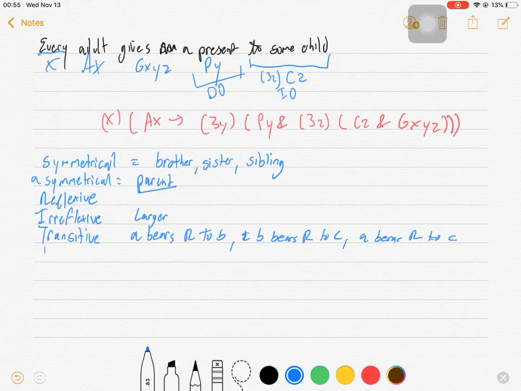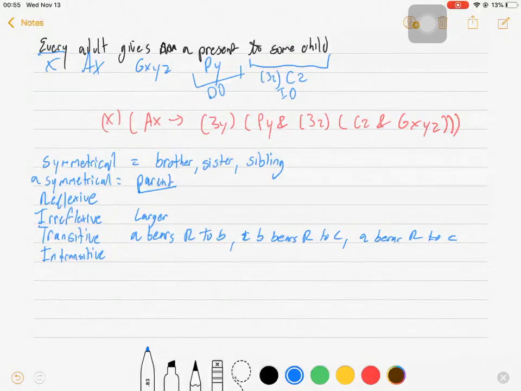However, things can also be intransitive. For example, being the father of is intransitive. If Greg is the father of John and John is the father of Carl, it doesn't follow that Greg is the father of Carl. And there are also non-transitive things, but we can ignore that.